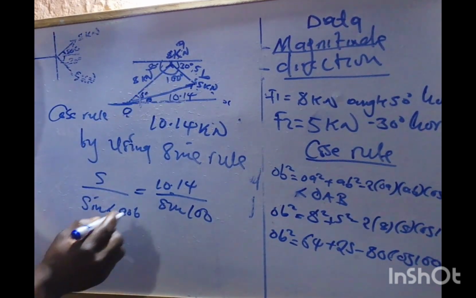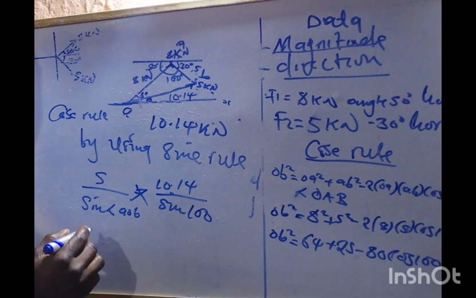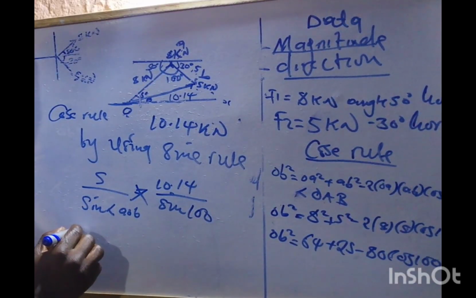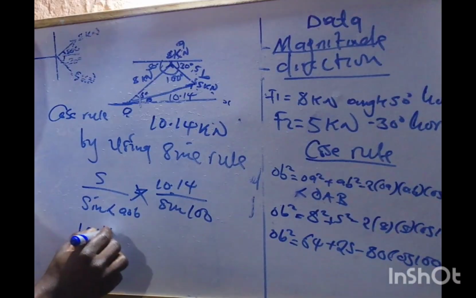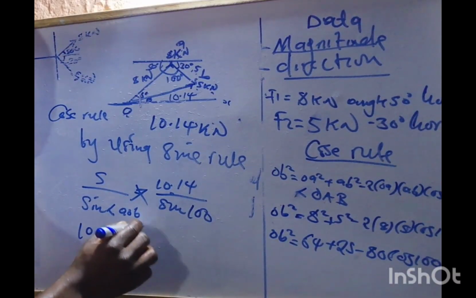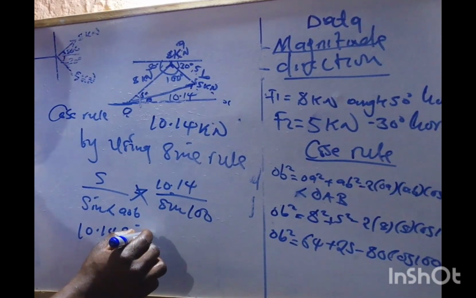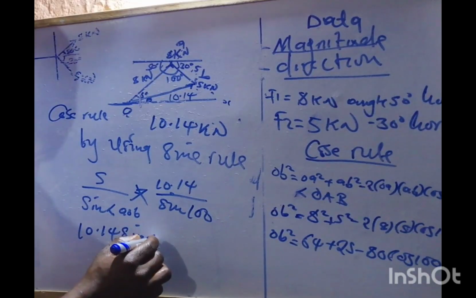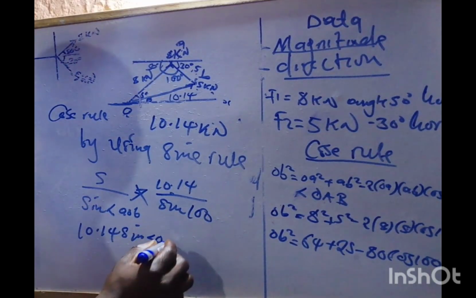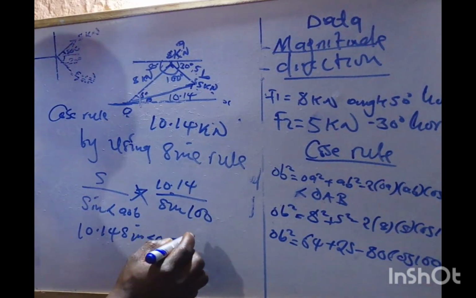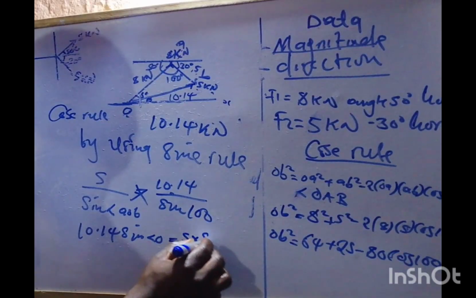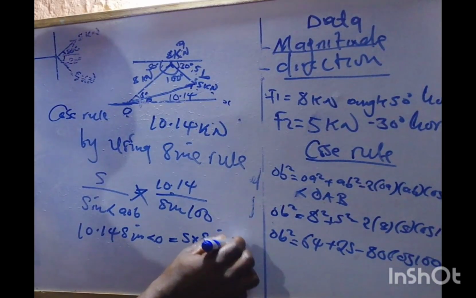When you cross multiply, you have 10.14 sine angle AOB, which should be equal to 5 times sine 100.